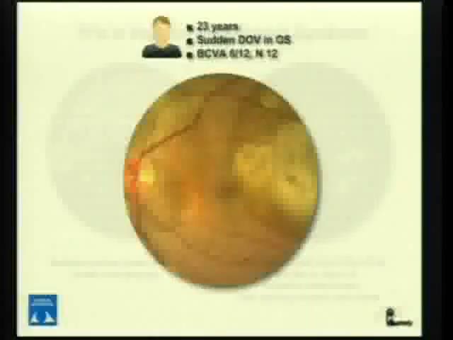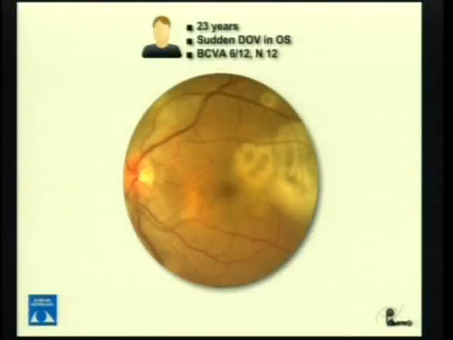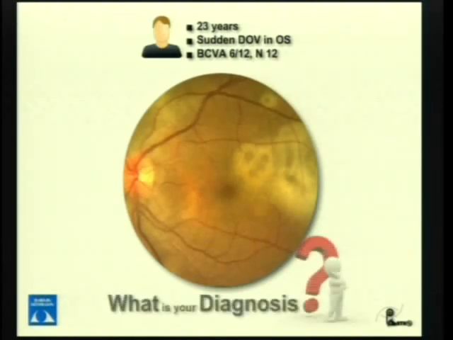also. For example, see, this is a 23-year-old patient who came to my OPD with sudden diminution of vision in the left eye. The best corrected visual acuity was 6/12 and N10 or 12. What is your diagnosis? Anybody?